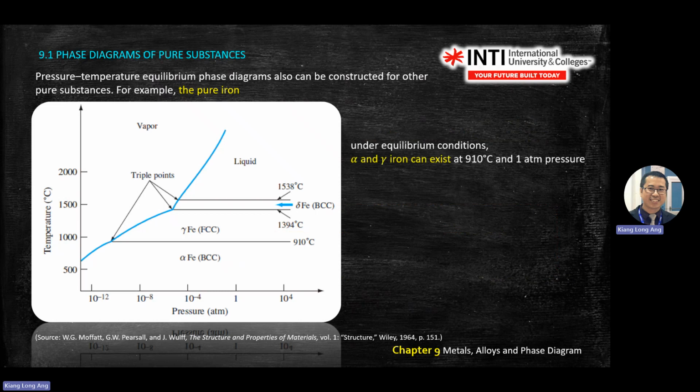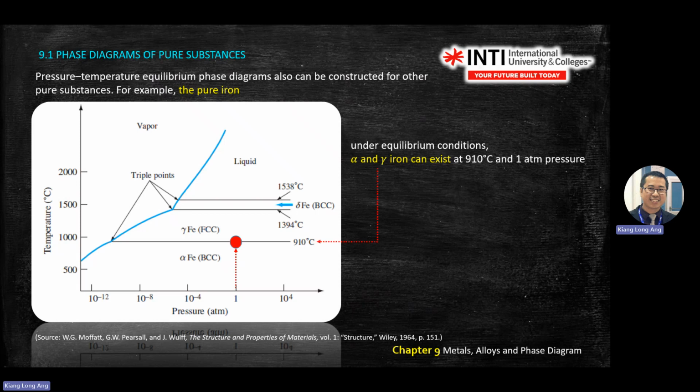Now, here at 1 atmospheric pressure, at 910 degrees C, you actually have two solids, alpha and gamma iron, existing at the same time. It means you are standing at this line, and you're seeing this one and this one on your left and right.